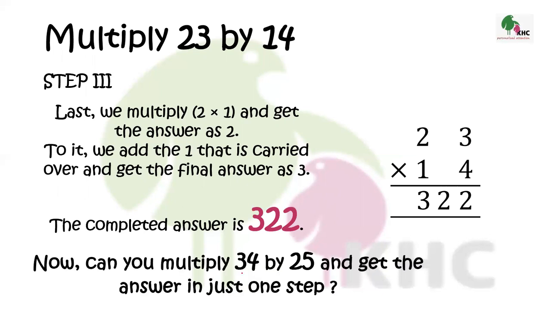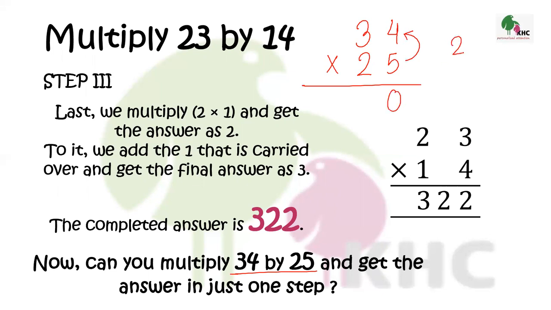Similarly, we can multiply 34 and 25 and get the answer in just one step. Yes? So 34 times 25. First thing, 5 times 4 is 20. You write 0, you're carrying 2. Now cross multiply. 3 times 5 is 15. You're carrying this 2, so I'm adding it here only. 2 you're already carrying. 3 times 5 is 15. 4 times 2 is 8.